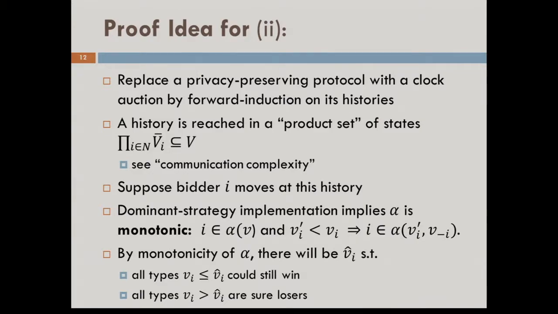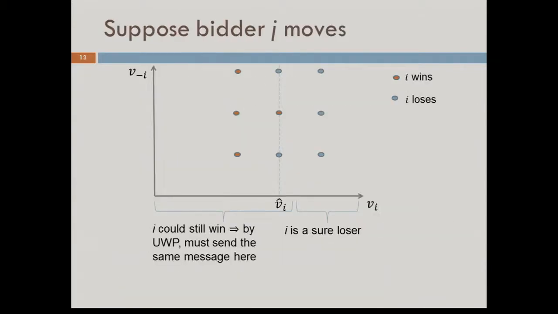Okay. So let's put it in the picture. This is the product set, so these are the possible values of bidder i, and these are the possible values of the other bidders. So this is a product set, a 3x3 set here. The red dots are where bidder i could still win, and the blue dots are where bidder i is a loser. So this v_i hat is where the bidder could still win.